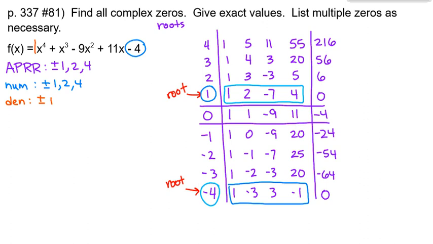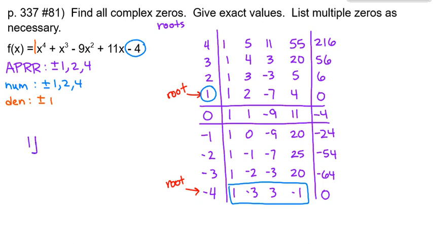Either way, it doesn't matter. It takes the polynomial from being cubic to being quadratic. I'll go with the first one, taking my root 1 and dividing it into the -4 row. I'll do that over here off to the side.